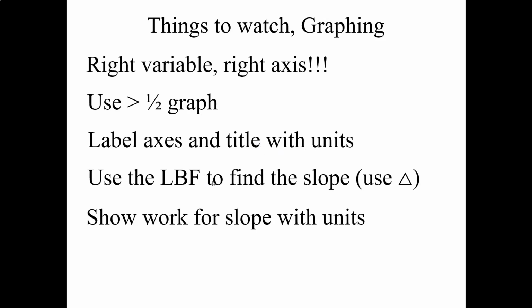Use the line of best fit to find the slope. Don't use data points. Use the line of best fit, and use triangles to show me the points that you're looking at on your line. And then make sure you show work for slope, and don't forget units on your slope, because all numbers have units, so at least most of them anyway. That's that.